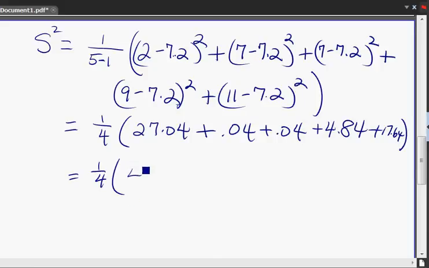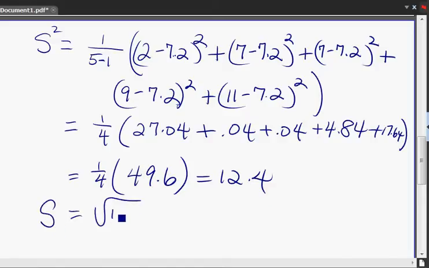One-fourth times 49.6, which is 12.4. And my standard deviation, the square root of 12.4, is 3.52 approximately.